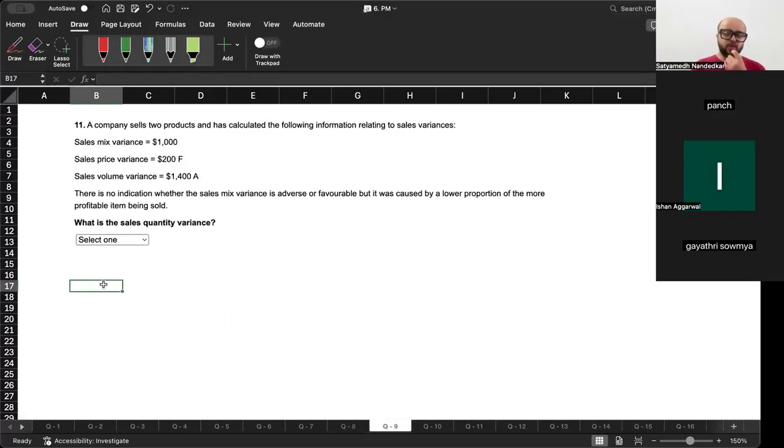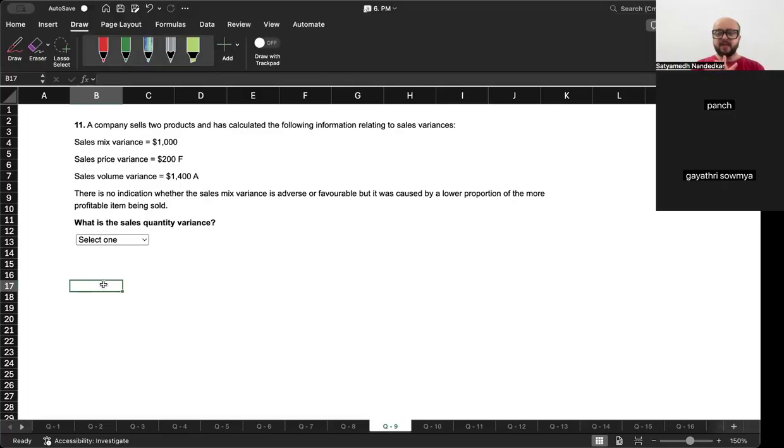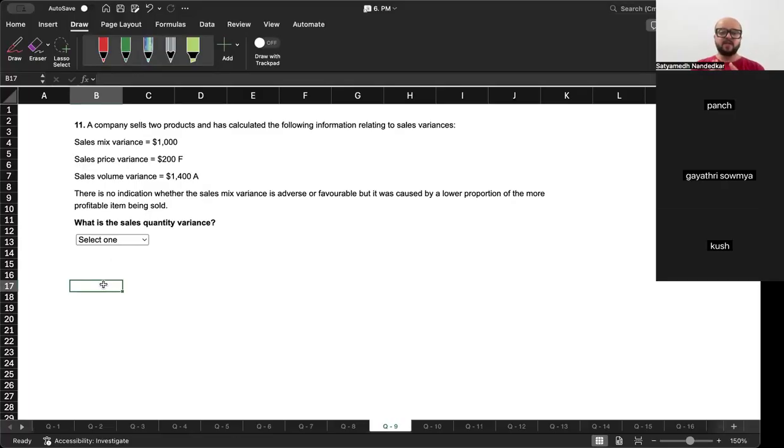A company sells two products and has calculated the following information relating to sales variances. Sales mix variance is 1000, sales price variance is 200, sales volume variance is 1400. There is no indication whether the sales mix variance is adverse or favorable, but it was caused by a lower proportion of the more profitable item being sold.